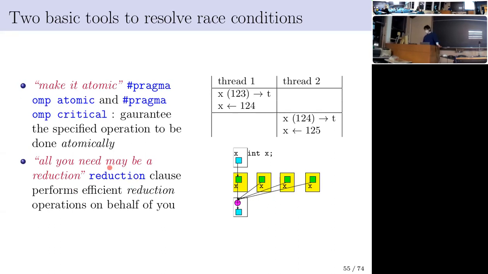All you are doing is aggregating values partially produced by each of these threads into one value by combining them, like adding all these values or taking the maximum of all these values. There's a special clause for it, called reduction.